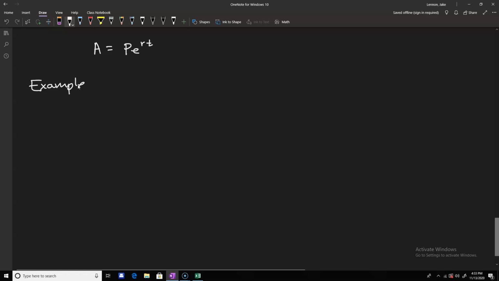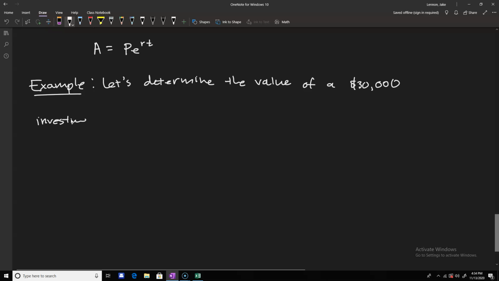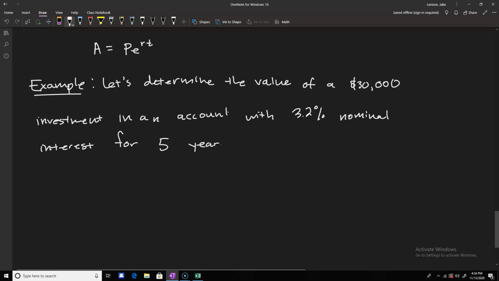So example, let's determine the value of a $30,000 investment in an account with 3.2% interest for 5 years, and then we'll do it multiple ways, and each time I will change the compounding.